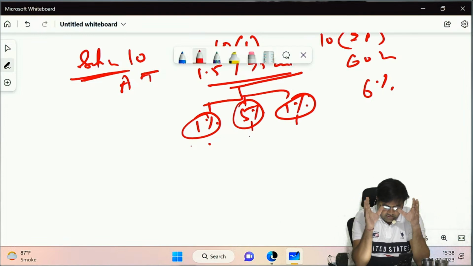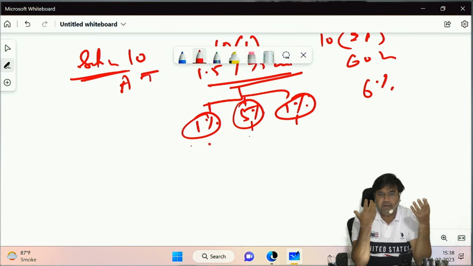So this is the small journey until chapter 4. I hope that when I do the revision, you are able to recollect. If you are unable to recollect, then you are not doing self-study or you have not focused on the classes.